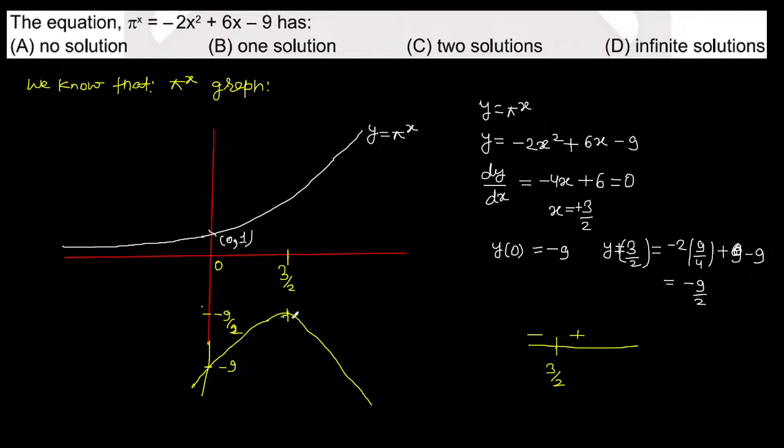So there is no intersection on the curve, so no solution.